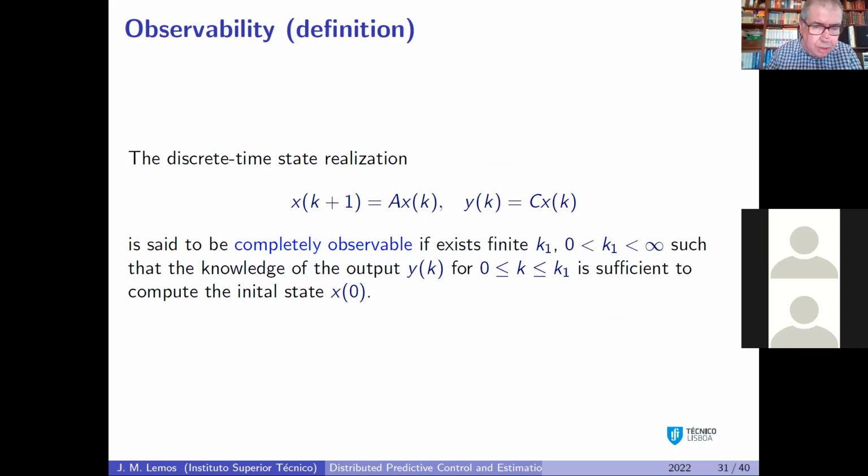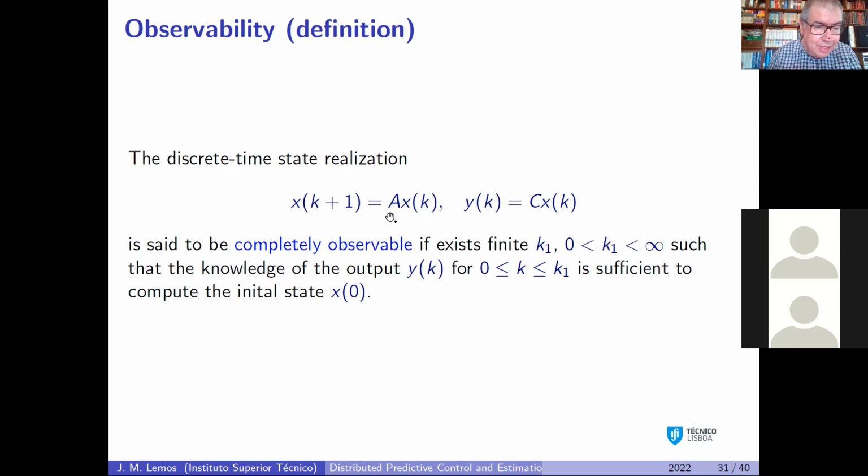Another important notion, for the theorems on stability and so on, is observability. Now, in observability, I don't care about control because control will just shift things. I have a model X(k+1) equals A X(k), and then I do observations, y equals C X. Typically, in simple cases, y is a scalar, so C is just a row vector.